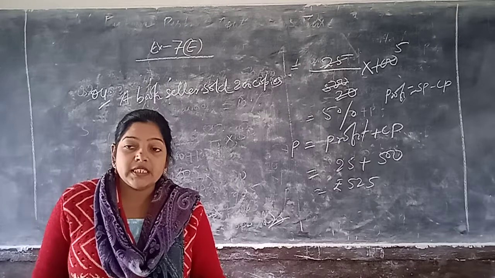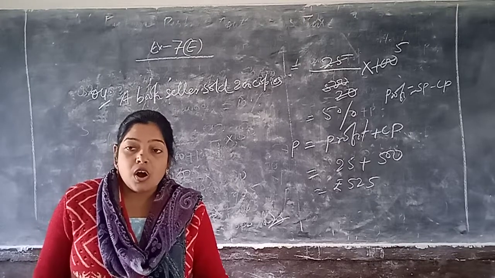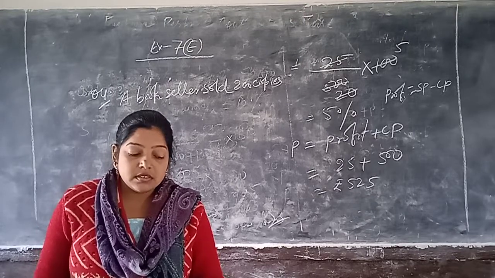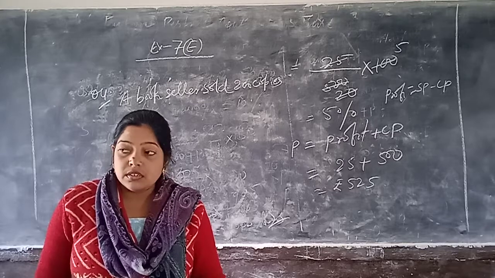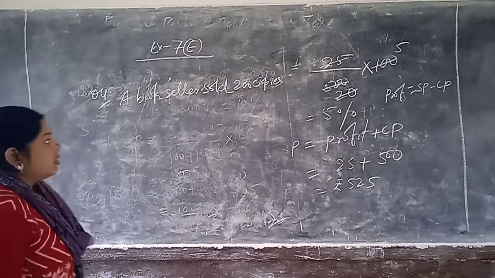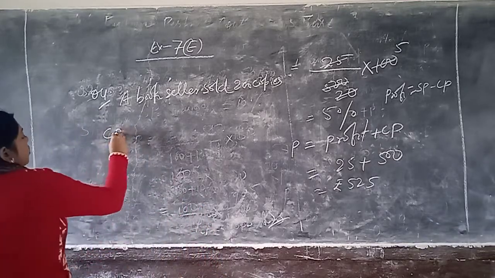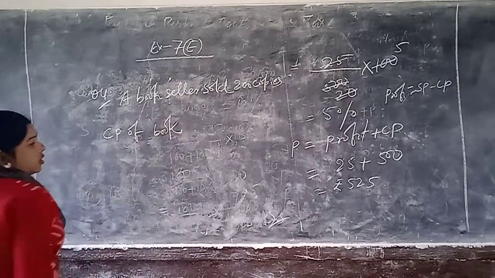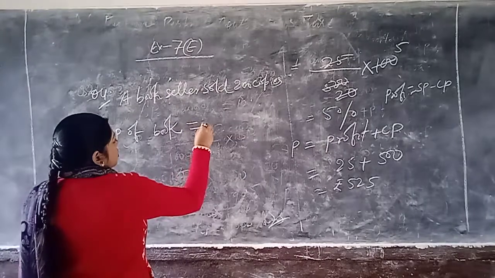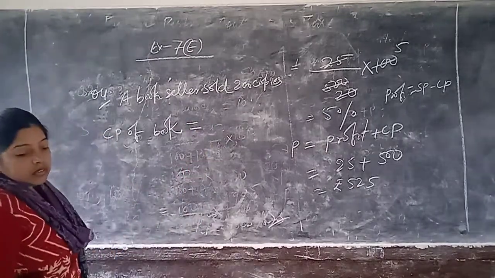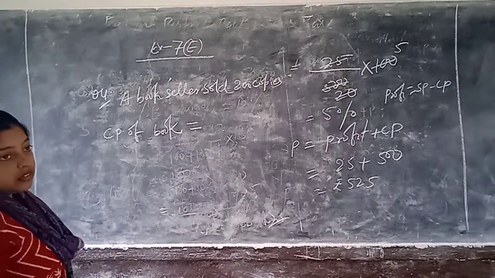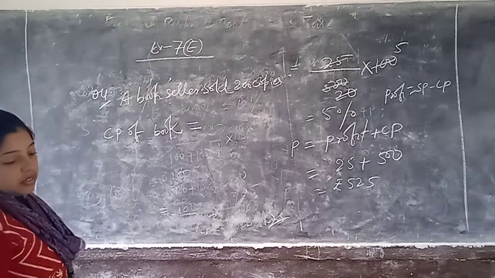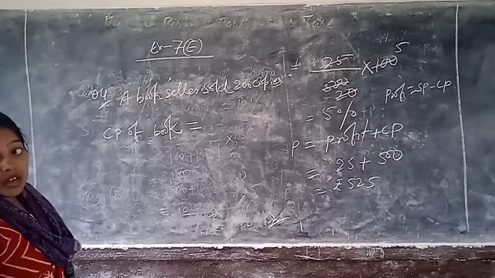So now the bookseller sold 200 copies. First you find the cost price. How can you find the cost price? Cost price of a book is 70, so 70 into 200.